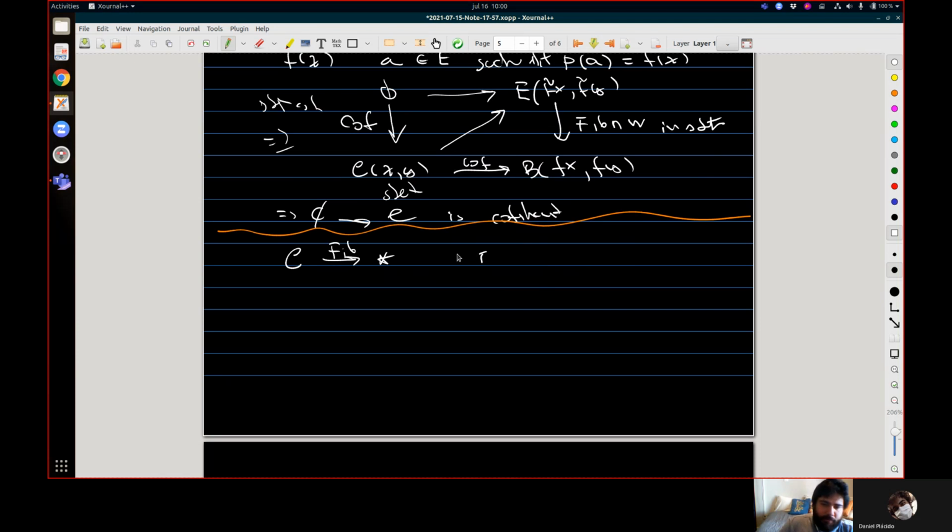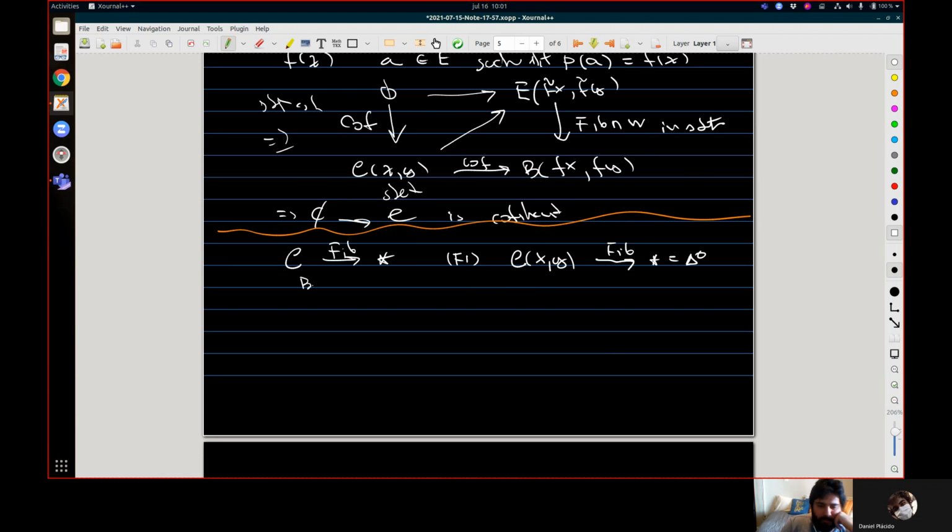Condition F1, we have by requirement that C(X, Y) to the point must be locally a fibration.